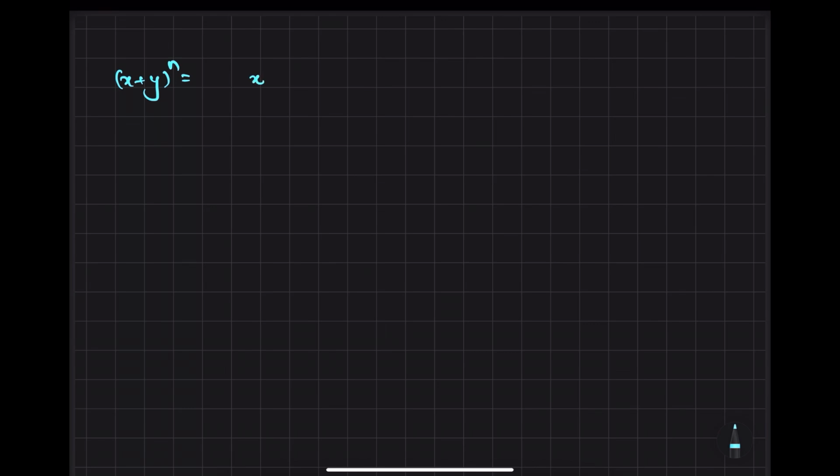So it is x power n, and now you have to reduce the power of x by 1. So it will become x power n minus 1, x power n minus 2, x power n minus 3, and we will keep on doing this till we get x power 0.